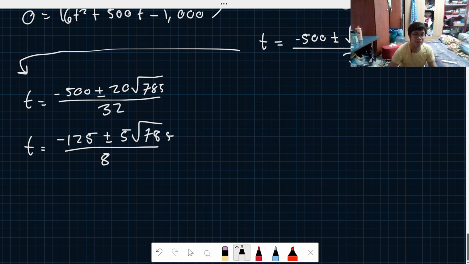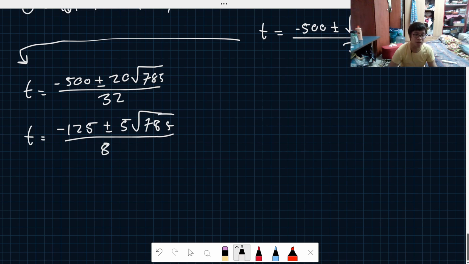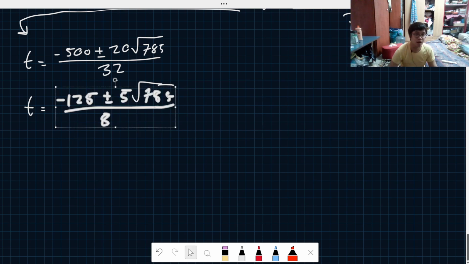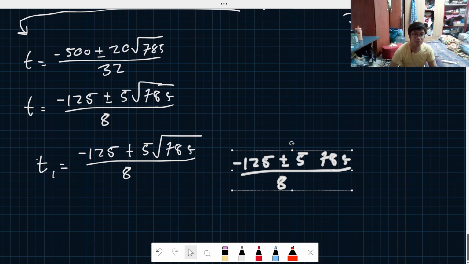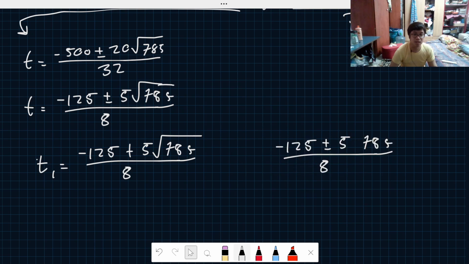So here, again, you have two values. One is with plus 5: negative 125 plus 5 square root of 785. And the other, instead of plus, is minus: negative 125 minus 5 square root of 785.